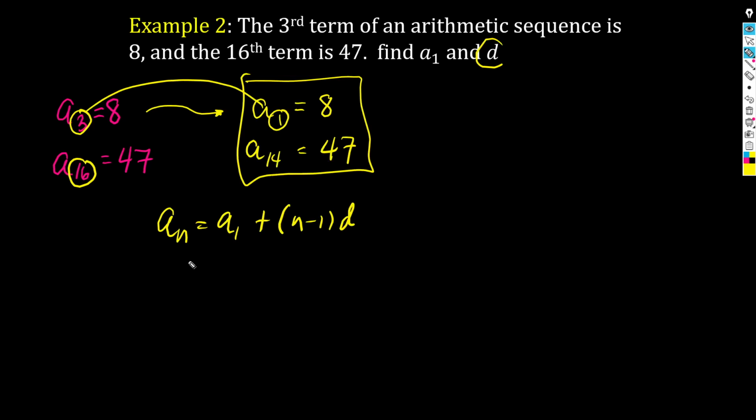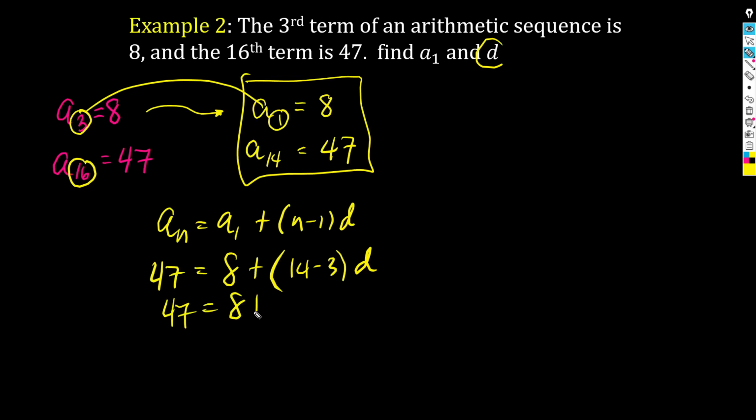A sub 14 here is 47. First term is 8. Ang n ko ngayon ay 14. So, 14 minus 1 times the common difference D, which I do not know. So, you have 47 equals 8 plus 13D.